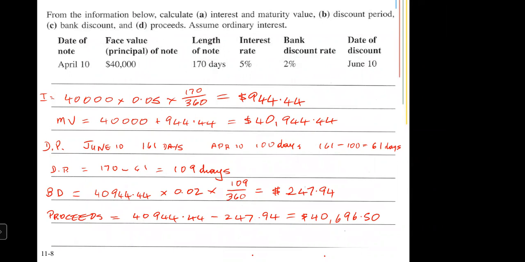Okay, all right, so that was the last portion of chapter 11 on promissory notes, which is the section that deals with discounting the note before it matures.